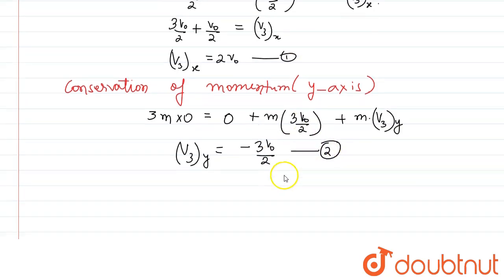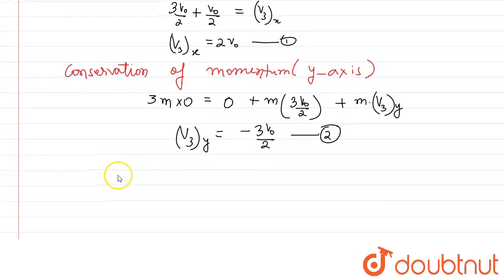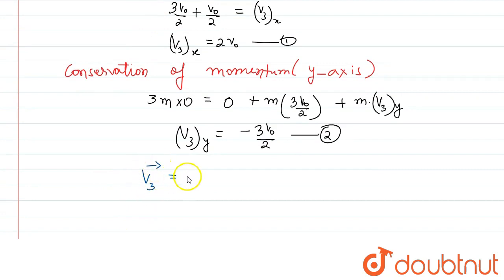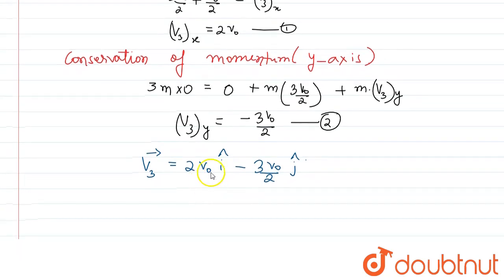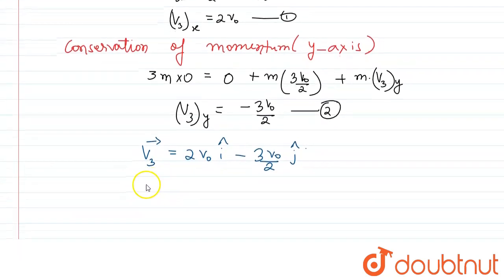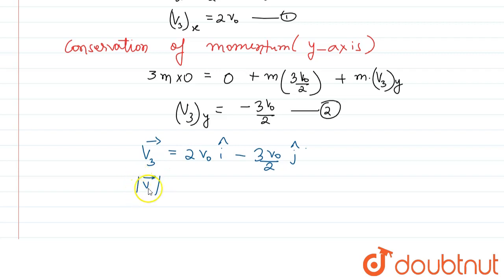So observing equations 1 and 2, we can say that the third particle has velocity v3 equal to 2v0 along i cap and then minus 3v0 by 2 along y direction. We were required to find out the speed, and speed is just the magnitude of this velocity.